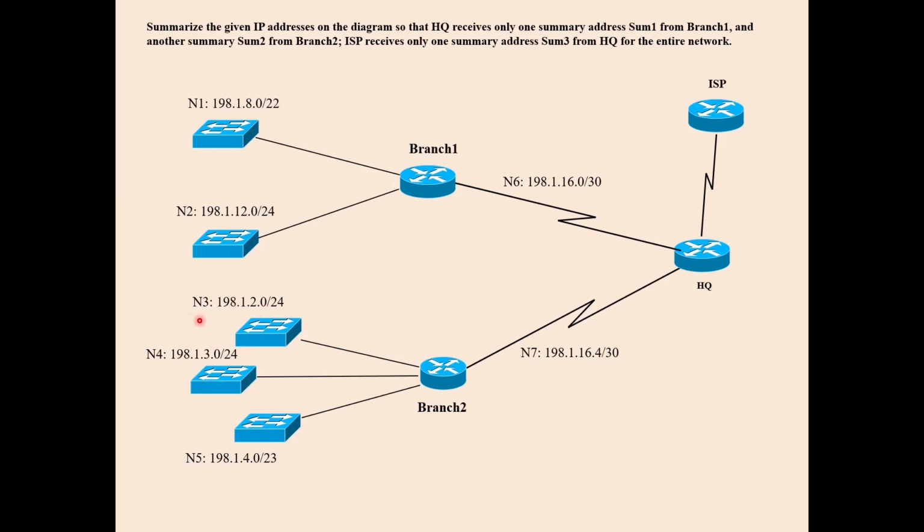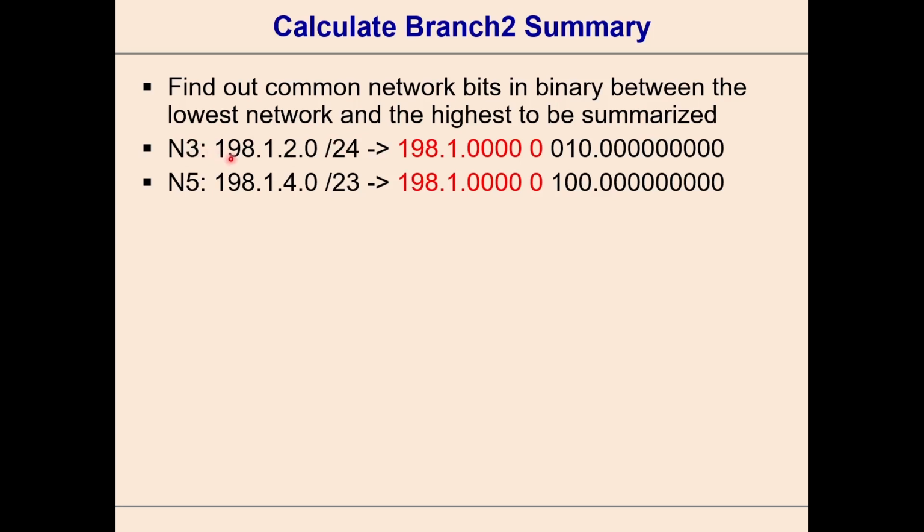So we will take N3 and N5, then look for the common bits in binary. Let's go. Here is the lowest network attached to branch 2, 108.1.2.0/24. And N5 is the highest network attached to branch 2, 108.1.4.0/23.